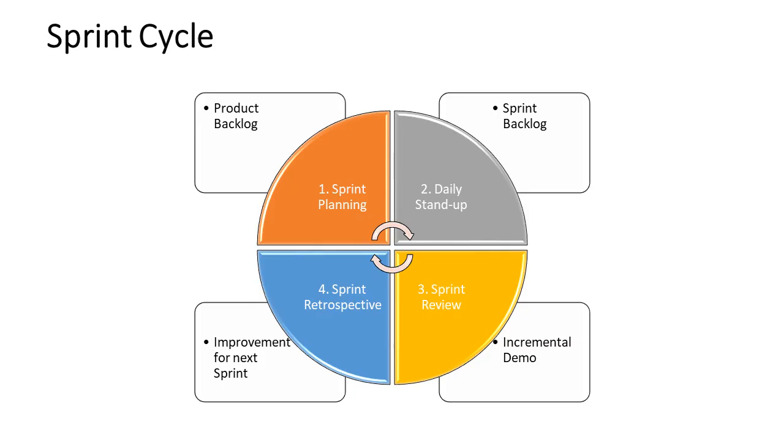Finally, a sprint retrospective allows the team to reflect on their performance, identify areas for improvement, and implement actionable changes in the next sprint cycle. This structured approach not only fosters collaboration and transparency, but also promotes a culture of continuous improvement, enabling teams to respond effectively to evolving project requirements and stakeholder expectations.